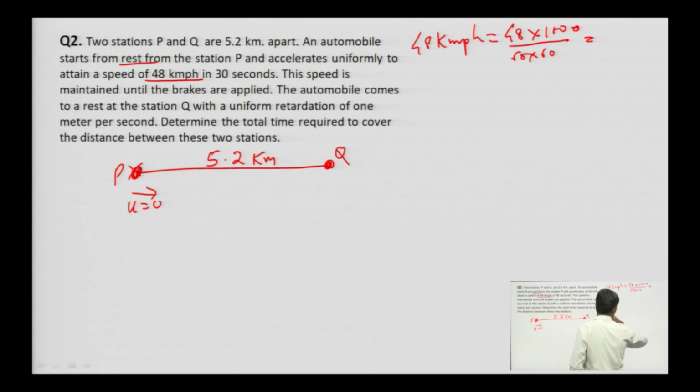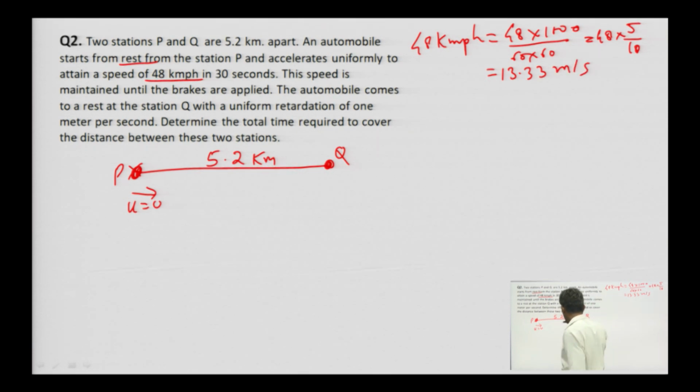So, what will that be? It is 48 into 5 by 18. So, it is 13.33 meter per second in 30 second.